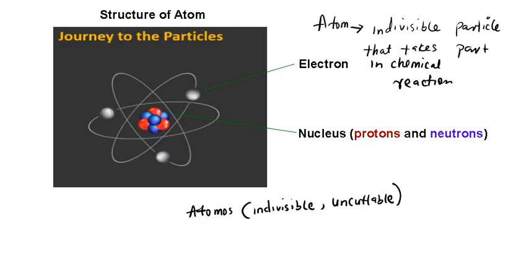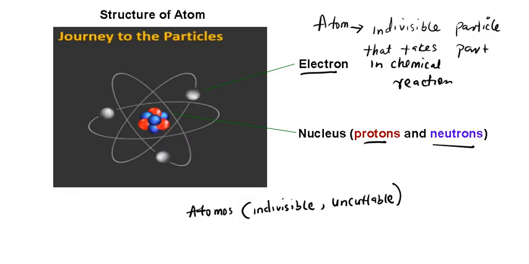Now, it was thought to be the tiniest particle, but it was later discovered that the atom could be divided into smaller particles called electron. Then we have the proton and the neutron. The proton and the neutron are found in the nucleus, which is much denser.